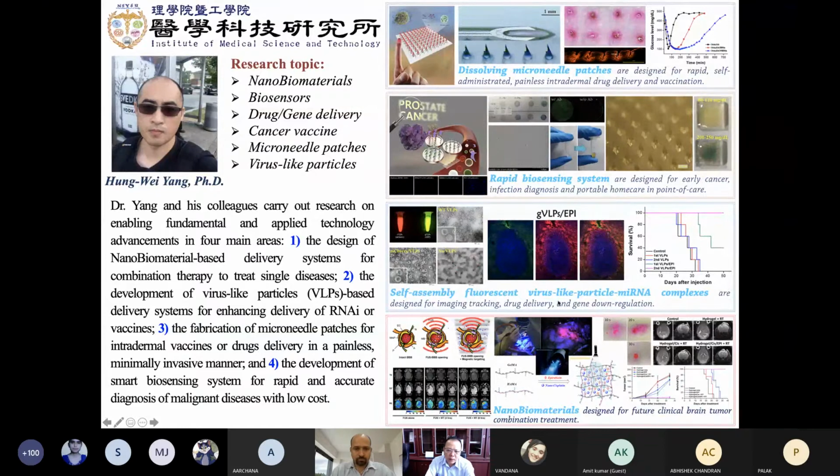And the rest of them also try to do some cancer detection based on nanomaterials. So in our institute, we are doing a lot of nanomaterials related to medical applications.